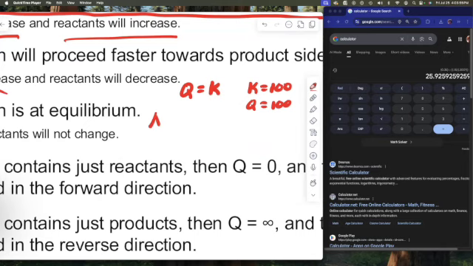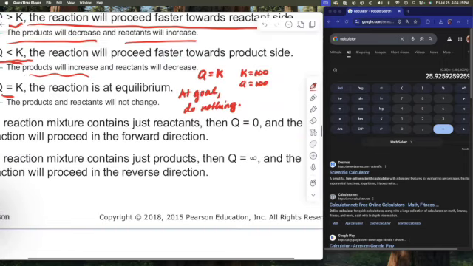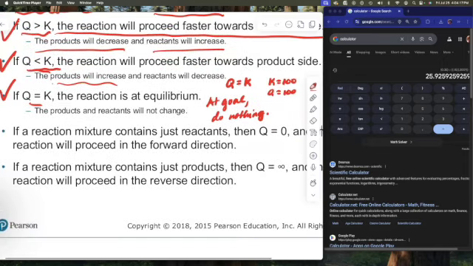We are at goal, so do nothing. Correct? Because we have arrived. Remember, our goal was to get to 100 because K is 100. If you're at 100, why would you do anything? You've arrived. Moving on.